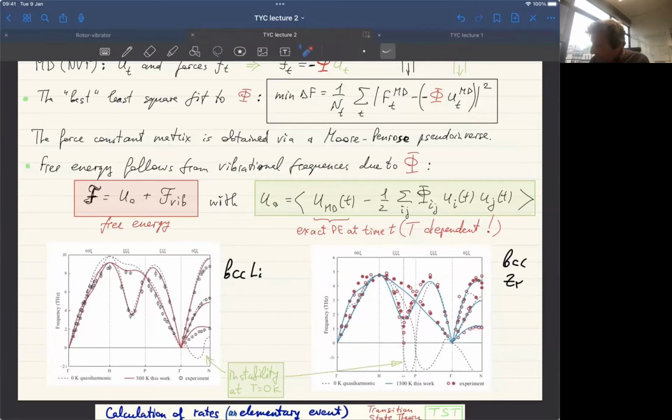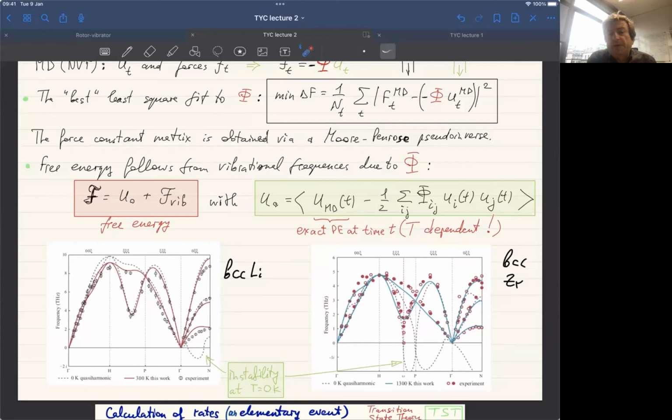So omega square is negative. Remember, omega square is the eigenvalue of the dynamical matrix eigenproblem, and the dynamical matrix is symmetric, so we're guaranteed that the eigenvalue is real, so omega square is real. We, however, are not guaranteed that it's necessarily positive.